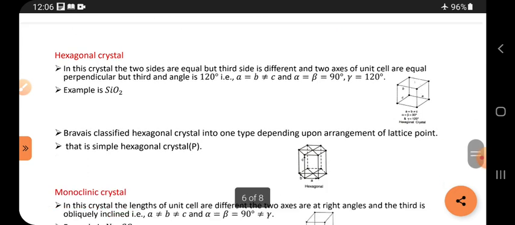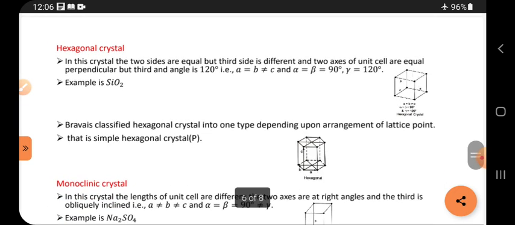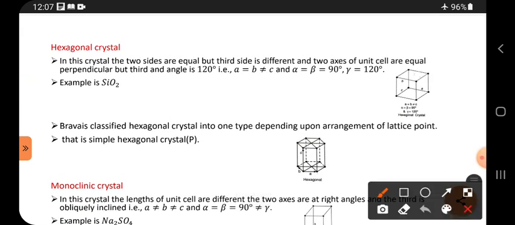Next, hexagonal. In this crystal, two sides are equal, a and b are equal, and the third one is different.